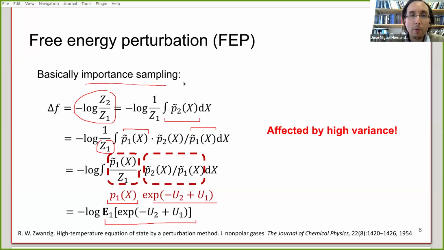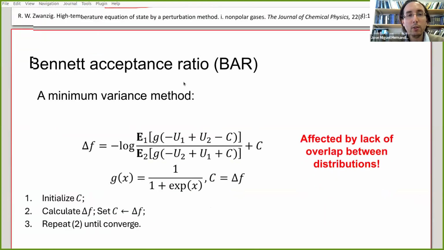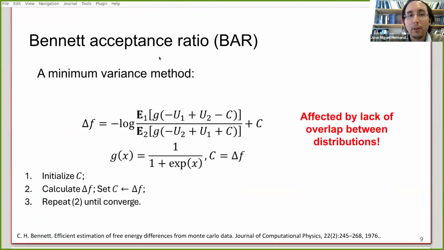Okay, one way to improve over importance sampling is to use another method called Bennett acceptance ratio, which is just similar to MBAR, but only for two distributions. It's also a minimum variance method, and it's very similar to MBAR in the sense that you have your free energy difference here, and you estimate it as this expression shown on the right, which depends on this quantity C, which is a guess of the free energy difference.